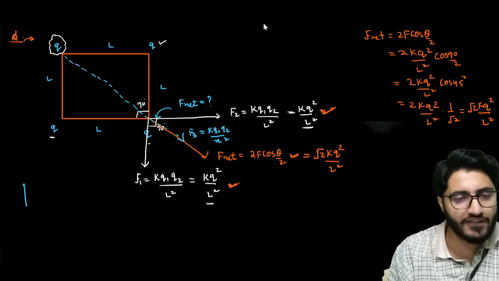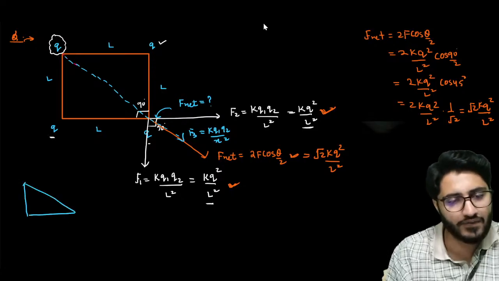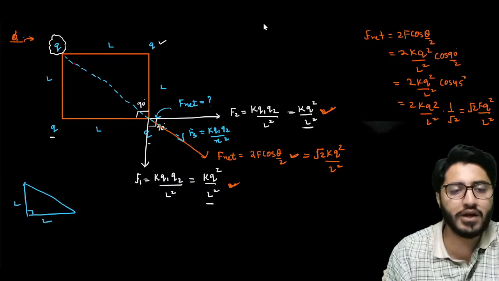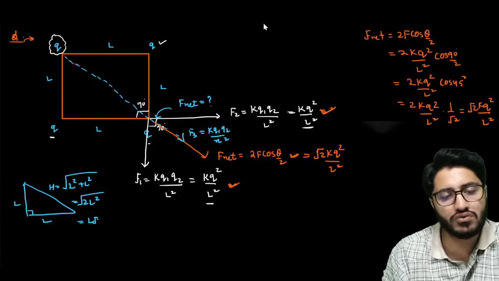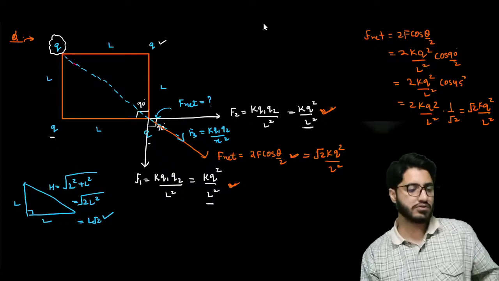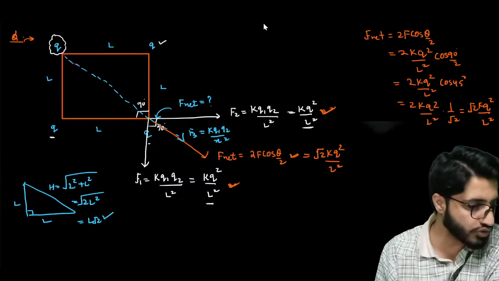Look, in this right angle triangle, the base is L and the perpendicular is L, so the hypotenuse is the square root of L square plus L square, which is root of 2L square. Is it L root 2? Yes, it is L root 2.